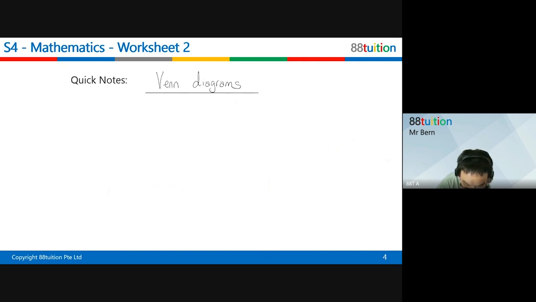It's very simple. Don't worry about it. We'll be using 2 very common symbols, union and the intersect. Very often. Union means what? Remember, it means everything. And intersect.